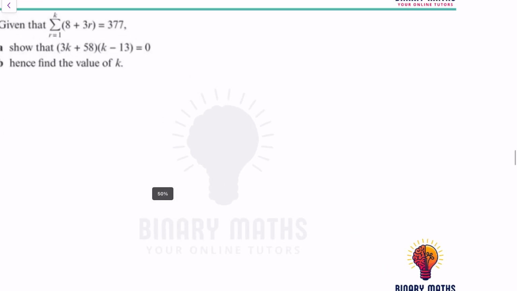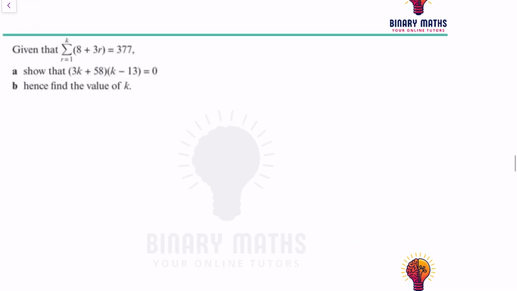Okay, last question. Given that the sum of r equals 1 to k of 8 plus 3r is equal to 377, show that 3k plus 58 times k minus 13 is equal to 0.